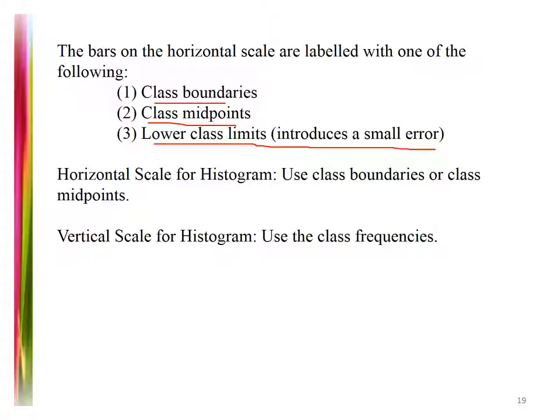If you indicate the lower class limit, you have to introduce a small error. Our natural starting point is 0. If you start your first bar at 142.5, you have to use the same approach. Suppose this is our first bar, then you have to use this continuity correction. So the horizontal scale of the histogram is class boundaries, class midpoints, or lower class limits, and the vertical axis is frequency.